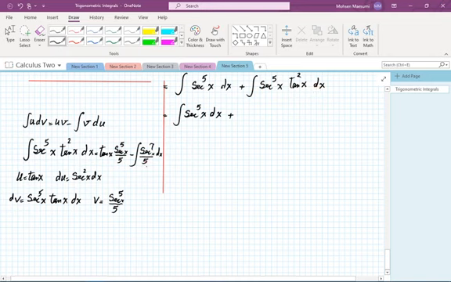Let's write this down and see what we have: tangent of x secant to the power of 5 of x over 5, and then the integral of secant to the power of 7 of x over 5 dx.